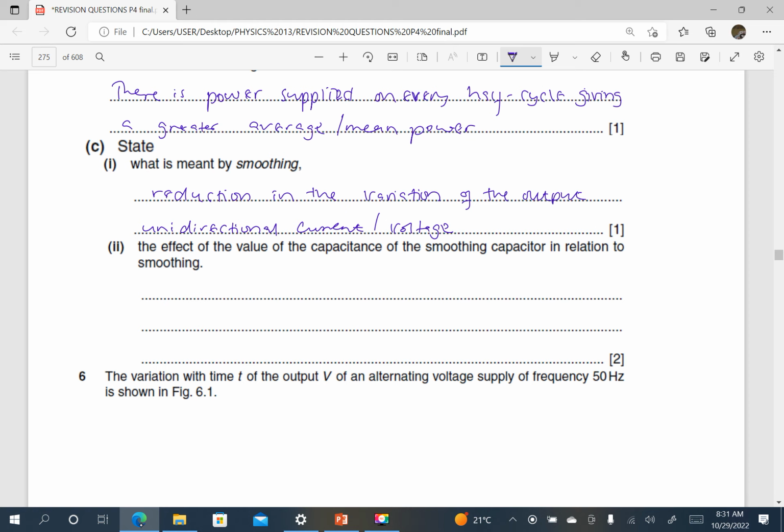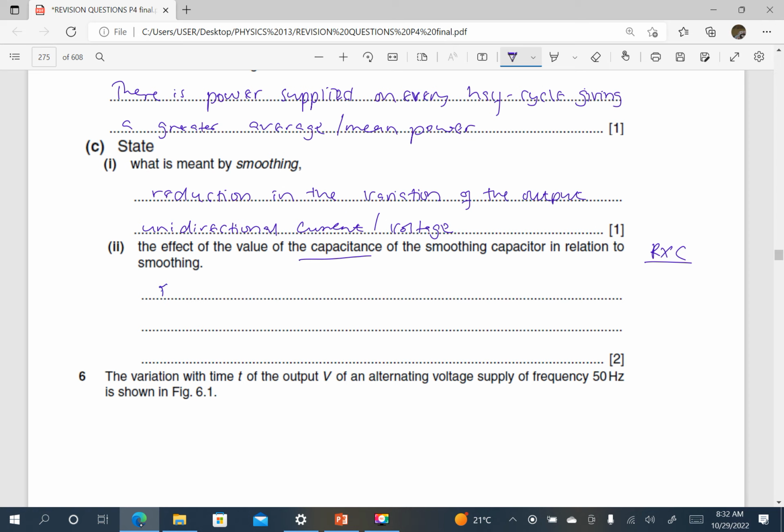State the effect of the value of capacitance of the smoothing capacitor in relation to smoothing. Your teacher must have told you that what determines the smoothing is the product RC, which we call the time constant. A larger capacitor discharges slowly, or it makes RC larger, so it means the smoothing increases.